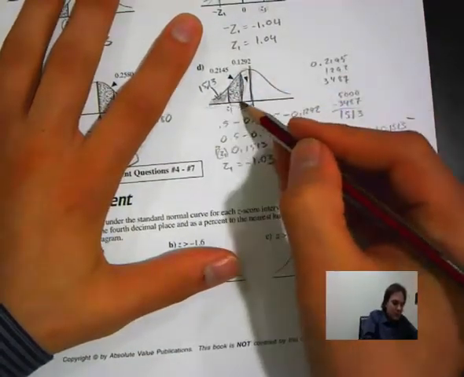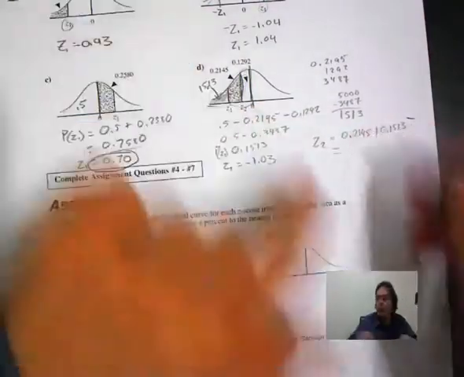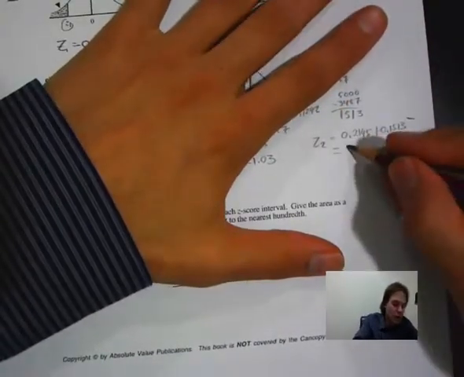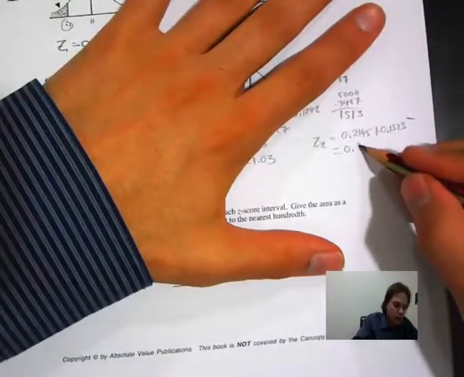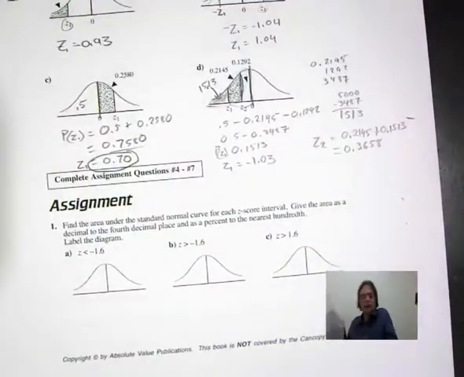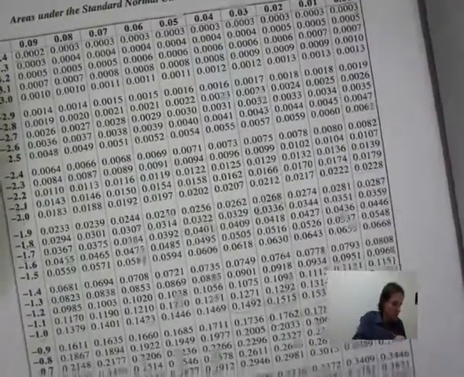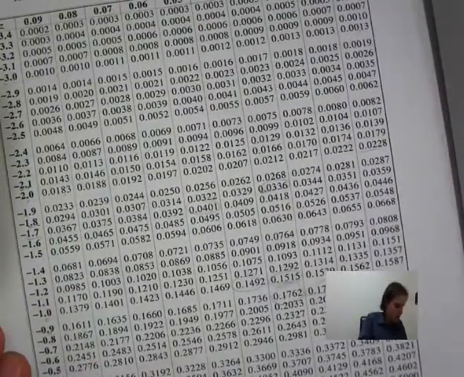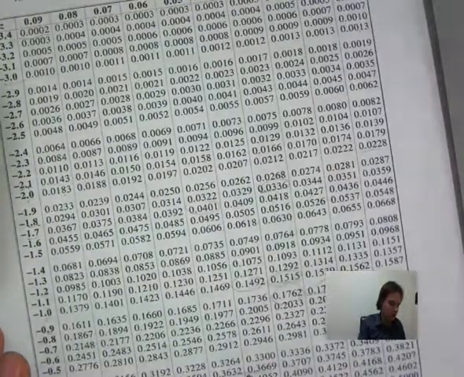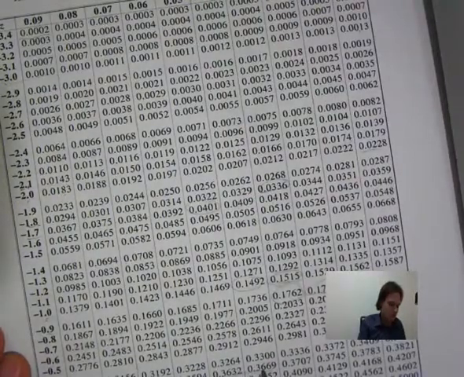Because this plus this is everything less than Z2, and that's what our probability is finding in our table. So I add this together, and I get 0.3658. So let's take a look at that, 0.3658. It's in between these, so which one is it closer to? I'm going to say it's closer to this one here, so negative 0.34.